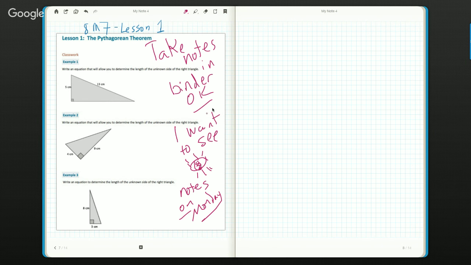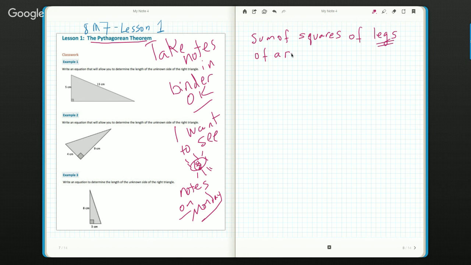All right. So the first thing we want to know is the Pythagorean theorem. We want to understand what it is. And what it says basically is that the sum of the squares, you don't need to write this down, this will be at the end. The sum of the squares of the legs, we will define that in a second, of a right triangle. Let's spell it out.